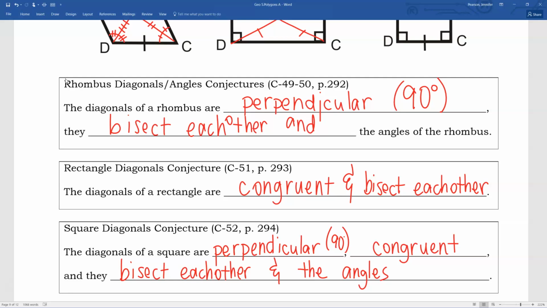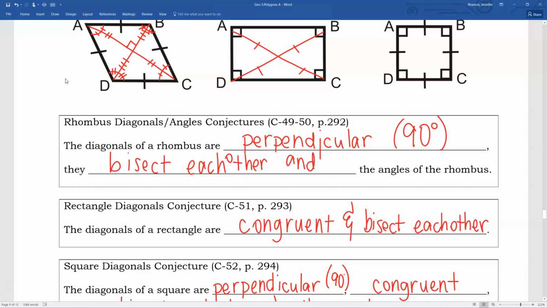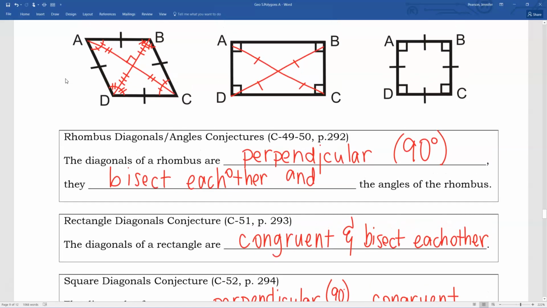Now, all that going into symbols, means that if we connect A to C and B to D, we will notice that the center will always be a 90-degree intersection. The halves here, from A to the center, B to the center, C to the center, D to the center, all 4 of those pieces are congruent.